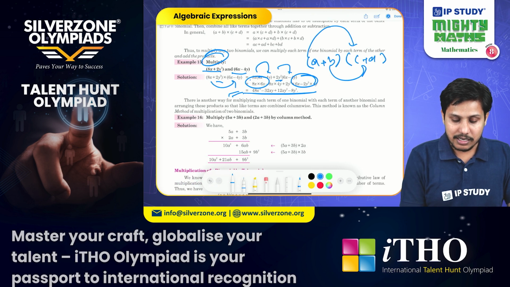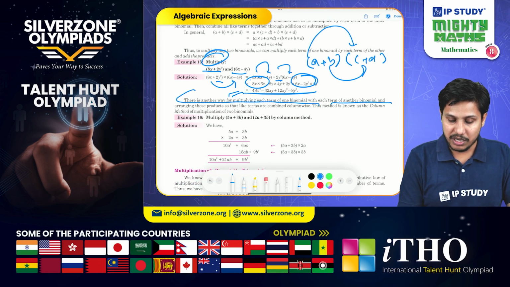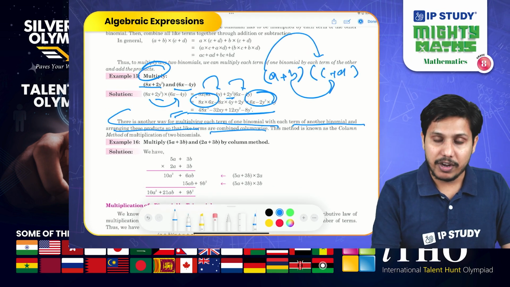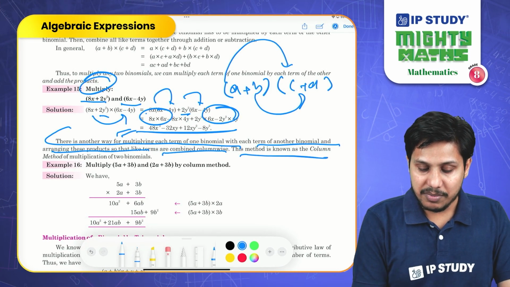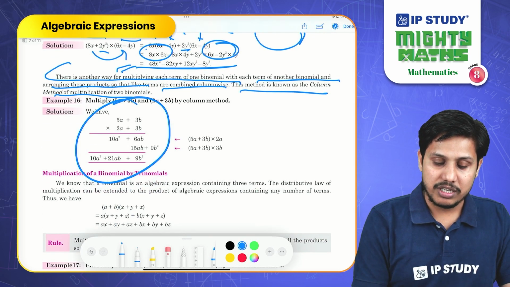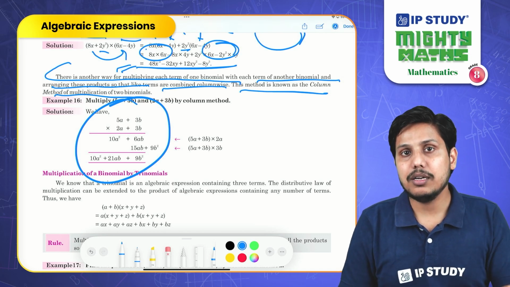Yes student, there is another way of multiplying each term of one binomial with each term of another binomial and arranging the products so that like terms are combined column-wise. This method is called the column method of multiplication of two binomials, which is illustrated over here. So instead of multiplying horizontally, we multiply in column method.